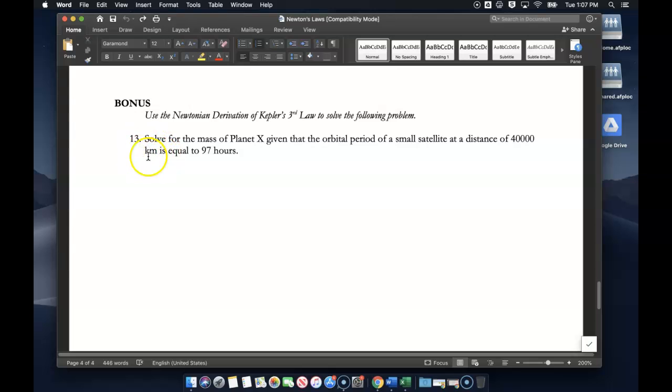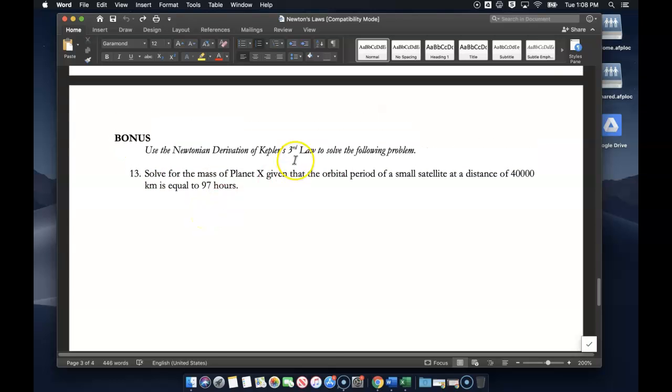Be careful, kilometers instead of meters. And is equivalent to 97 hours is the period. Okay, so 97 hours. Remember, it needs to be in meters, seconds, and kilograms. So you're going to need to first convert 97 hours into seconds. You're then going to need to convert 40,000 kilometers into meters.